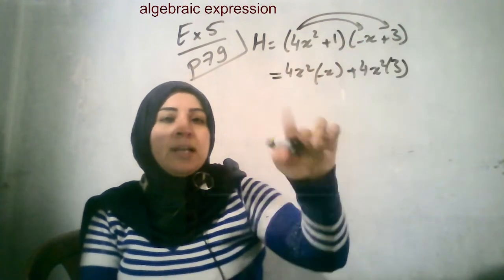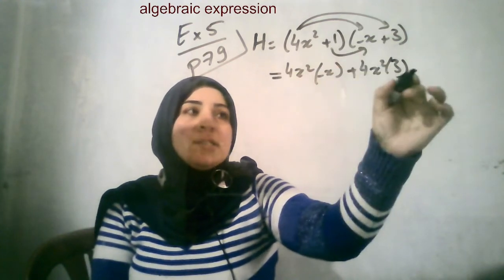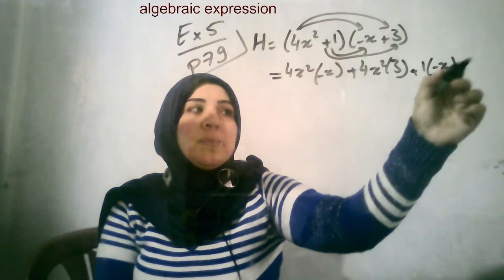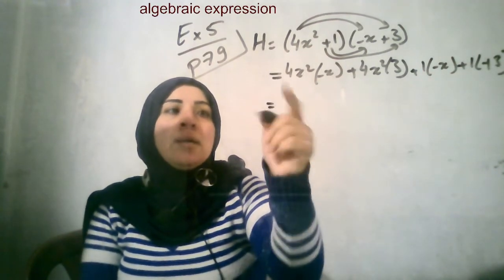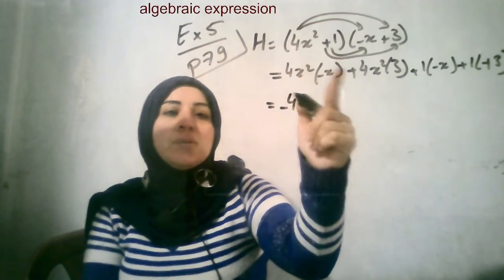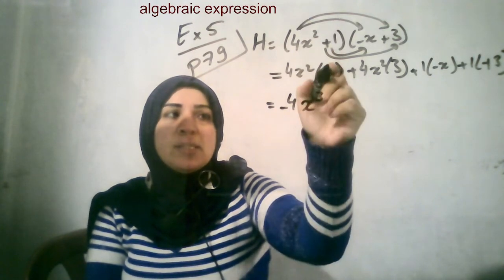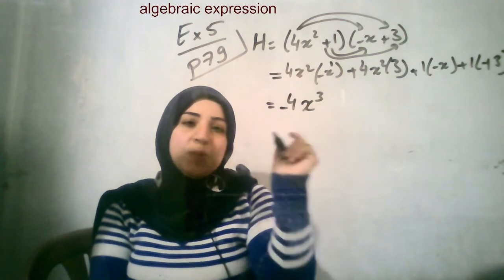Okay, then we have plus 1 multiplied by minus x, and plus 1 is multiplied by plus 3. Okay, how? 4 times minus 1 is minus 4, and x squared times x is x to the power 3. Again, x is the same as x power 1. We have the same base. I have to just add the exponents, okay?